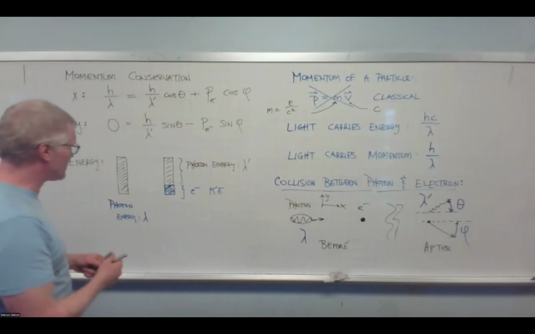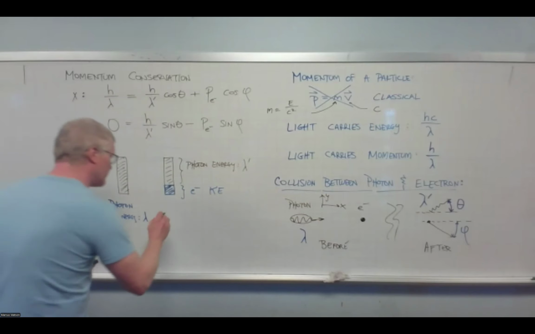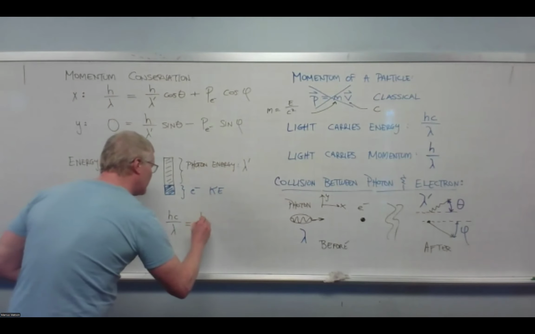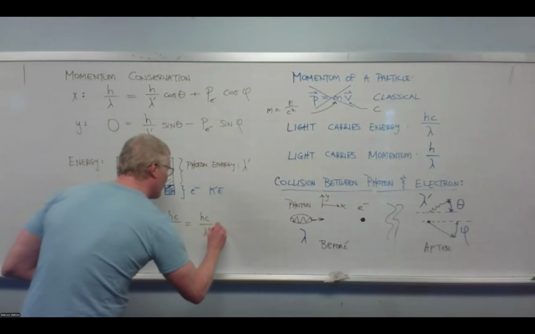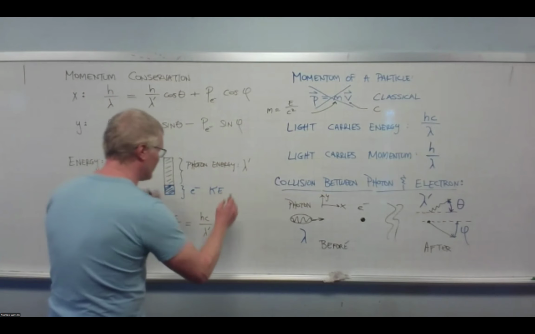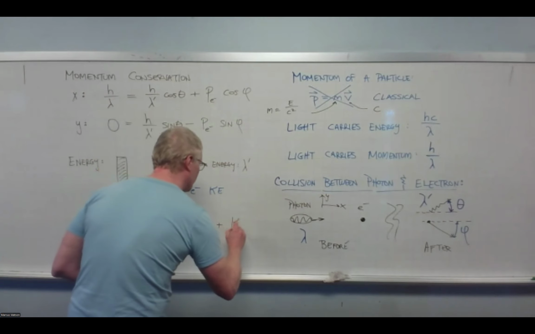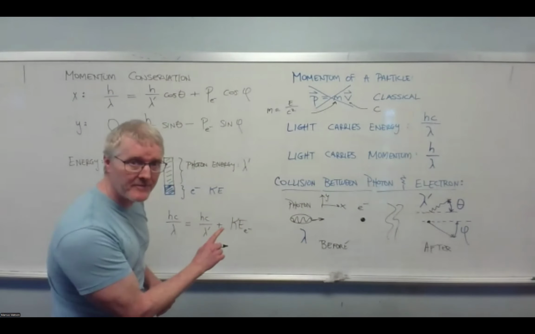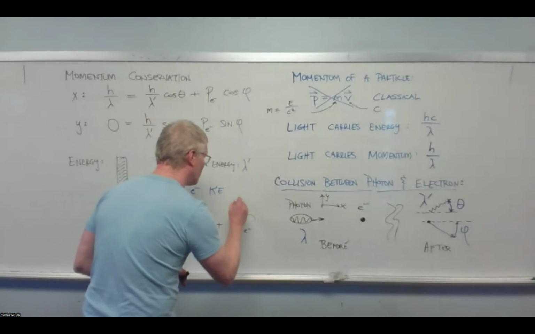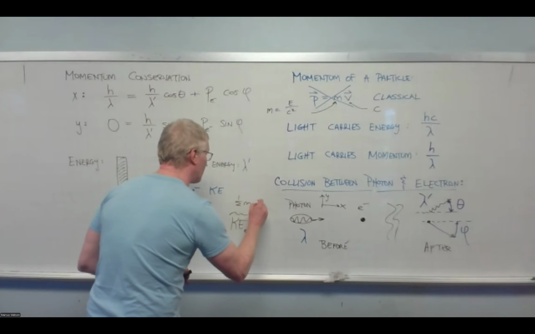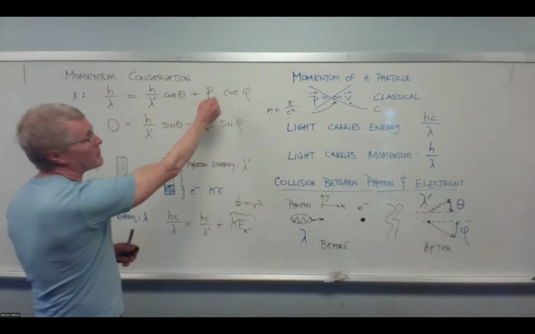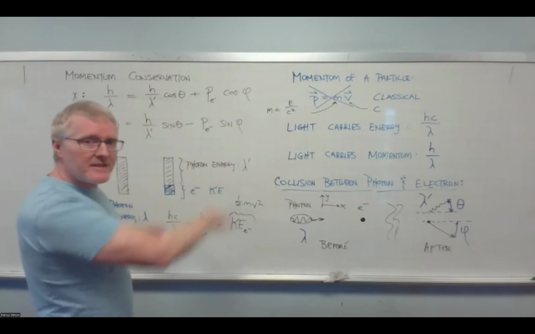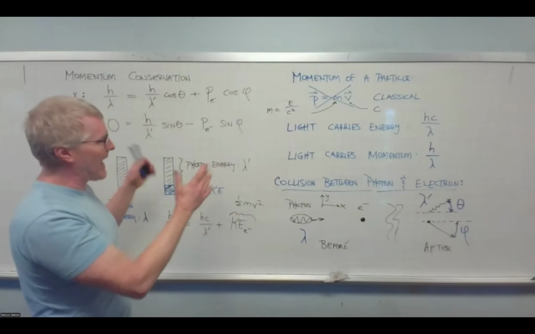So I can set up an energy equation with this that looks very similar to the photoelectric one I had before, and that's hc over lambda equaling hc over lambda prime plus electron kinetic energy. So I'm just going to put KE electron here. If it is classical, this would be 1/2 mv squared. Okay, and if this was classical, that would be an mv, so it would kind of fall out in the wash. All of these things can be solved simultaneously for angles.